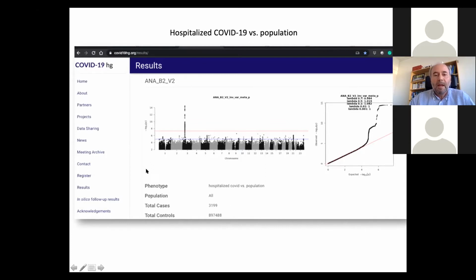And then clearly you see on this slide the chromosomes, starting from chromosome number 1 to chromosome number 23.